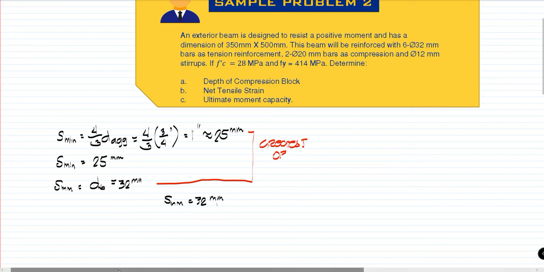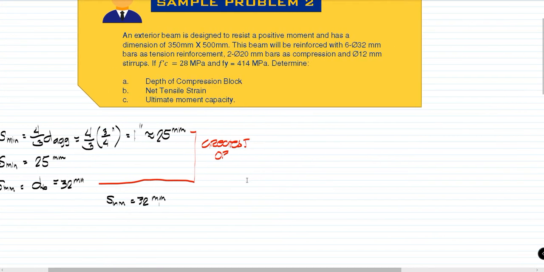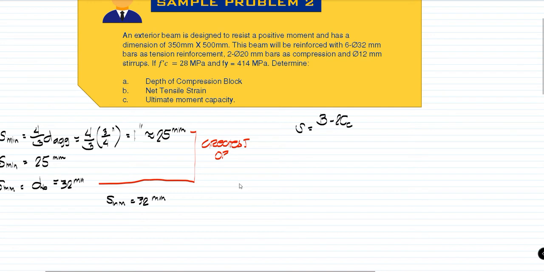So, to check, syempre, the clear spacing of the bars will be equivalent to b minus dalawang clear cover minus 6 na diameter ng stirrups minus n minus 1 times the diameter of the bar divided by n minus 1. So, ito ginamit na natin from our previous video.